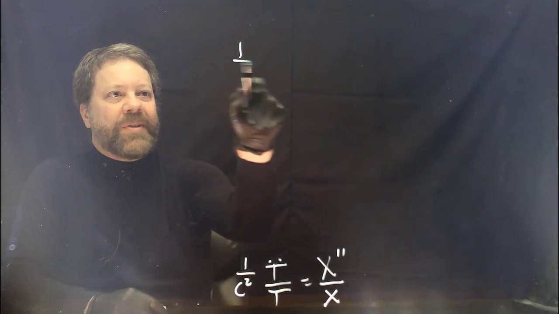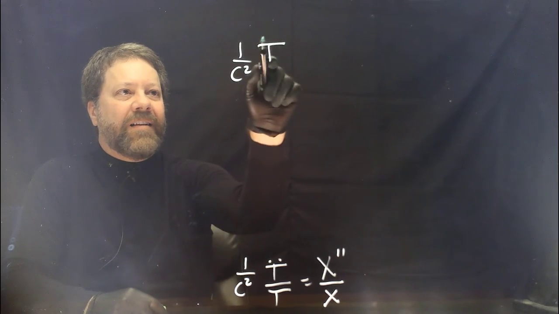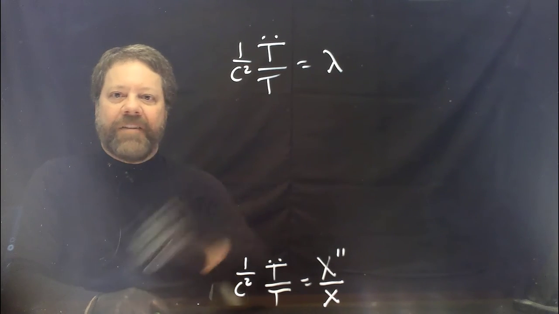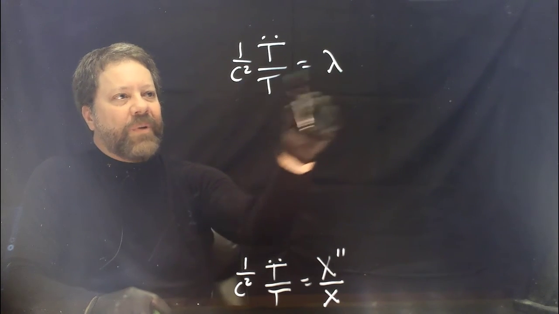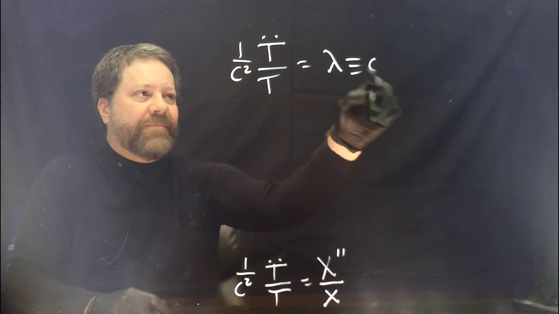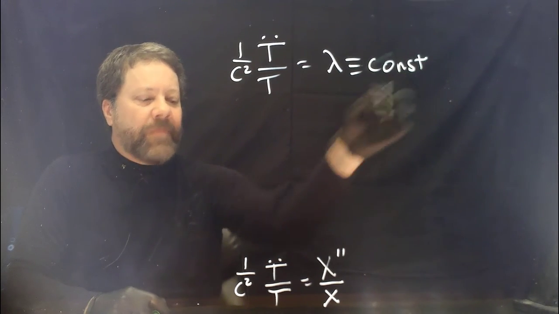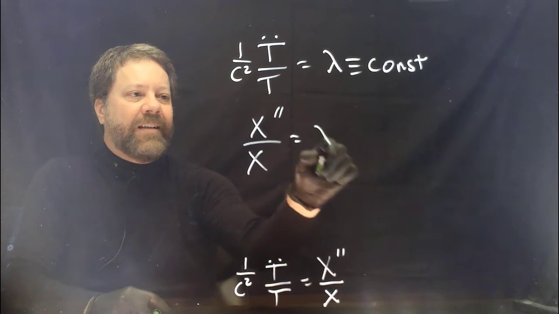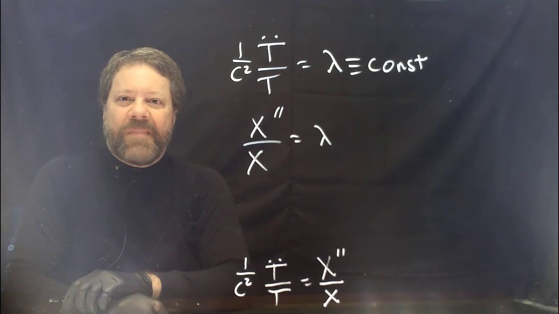Let's suppose that we have this situation where we have some constant lambda. We must also then have X prime prime over X equal to the same lambda.